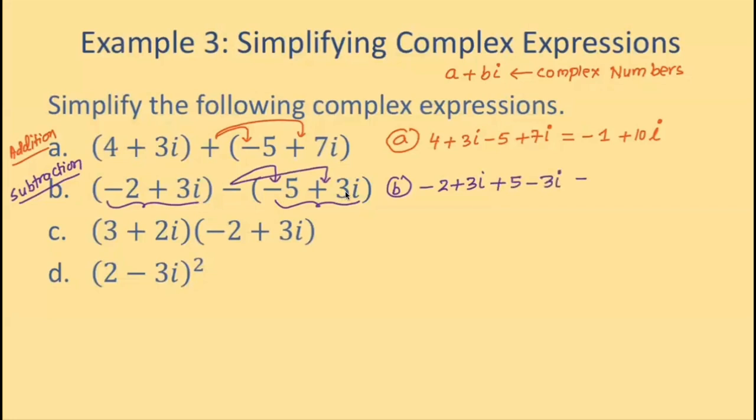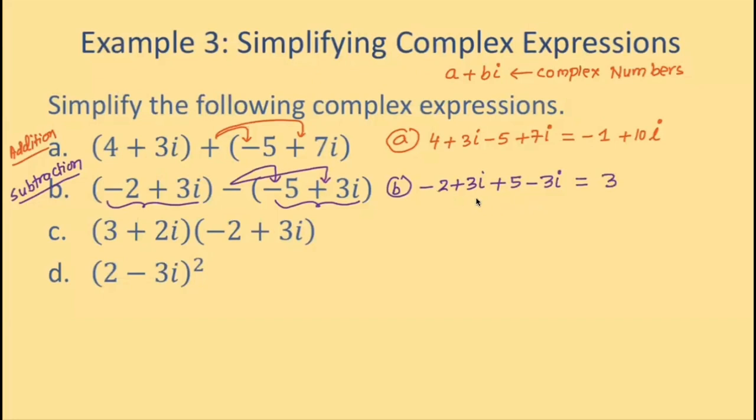Now we just need to combine the like terms. So here we have a negative 2. Look at that. Negative 2 plus 5. These two are without i, so we can combine. Negative 2 plus 5, or in other words, 5 minus 2, right? What is that equal to? 3. Very good. 3. Yes.